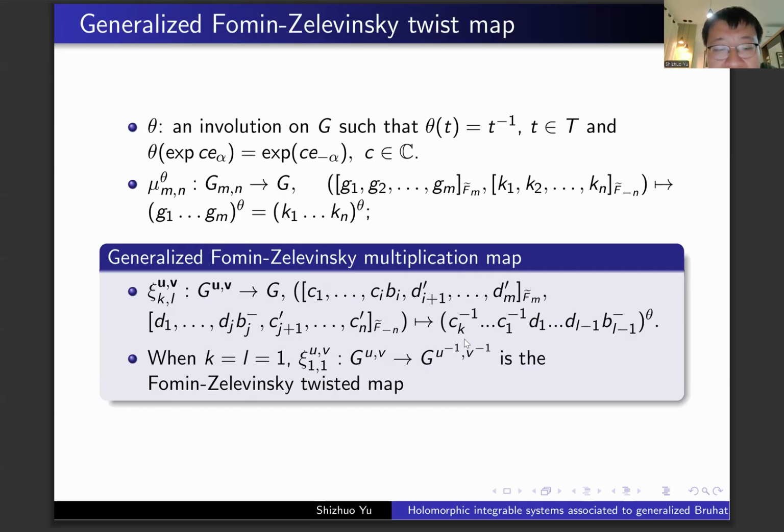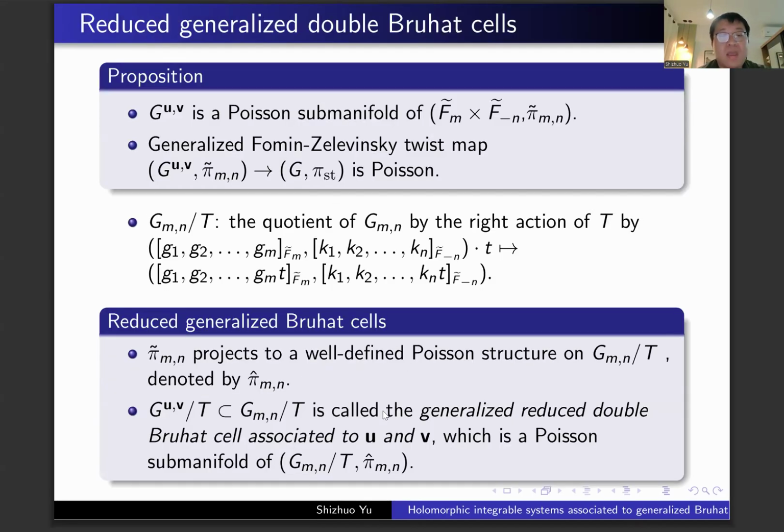Then you multiply the building blocks before the K-th together, and the building blocks from the first one to the (L-1)-th element together, and you also multiply some B_{L-1} and apply these involutions of G. This is the generalized Fomin-Zelevinsky multiplication map, a generalization of the twisted map. And thus we have this kind of map.